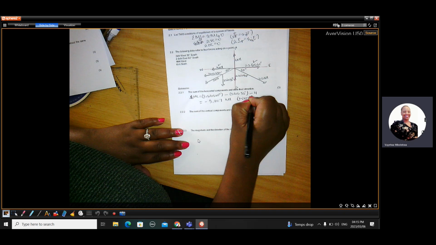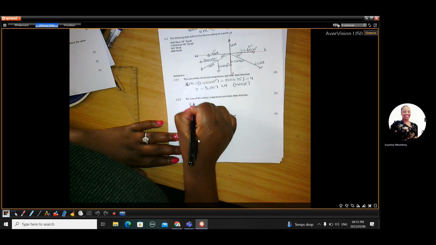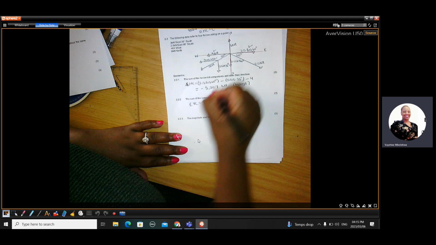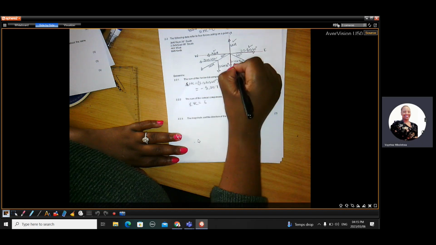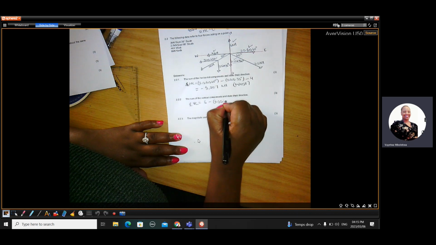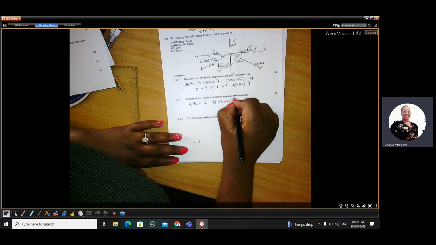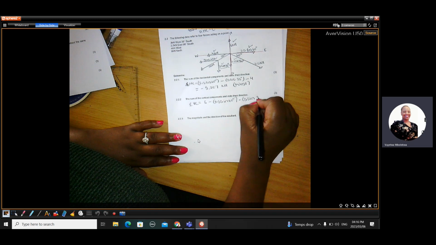Then sum of the vertical components are equal to upward forces, a positive 6 is up. And then we have that force, which is downwards, minus 2.5 sine 60. And this one is also downward, minus 3 sine 35.